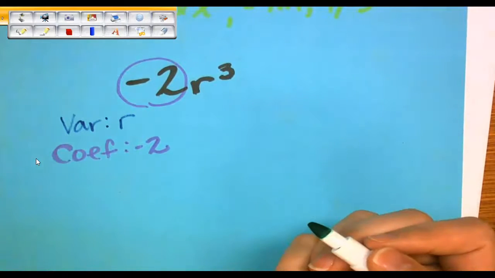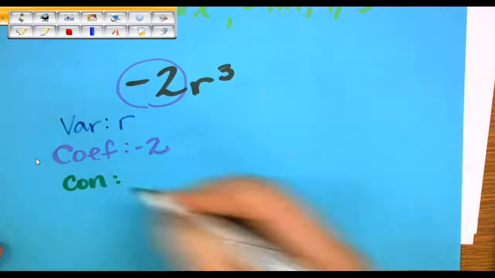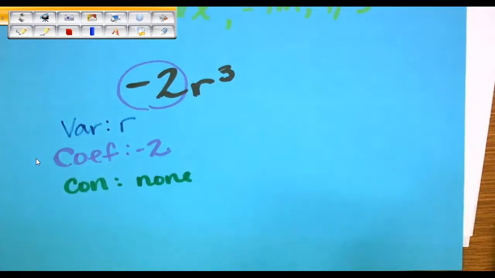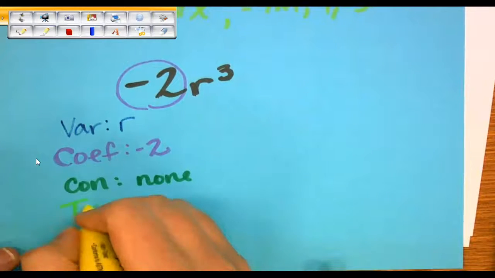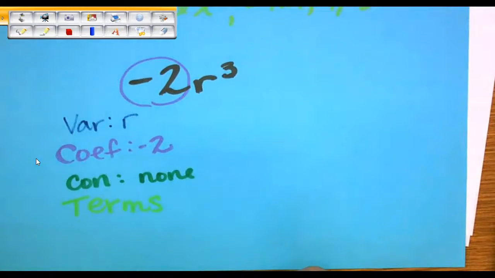Constants. Are there any numbers that are by themselves? Do I have a constant? No, I do not. There is no constant in that expression. And lastly, we have terms. Terms, super simple.